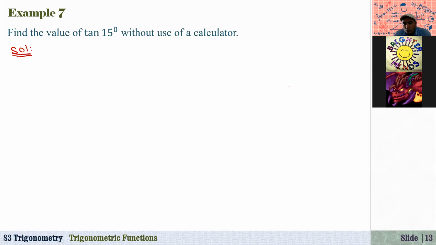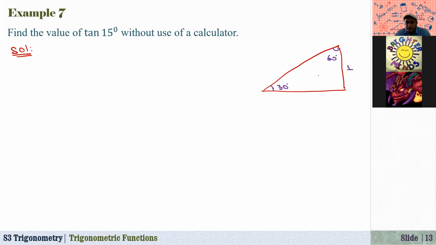Let me just draw one triangle in such a way that, okay. Suppose that this angle is 30. At the time, this angle will be 60. Okay. And suppose that this side is 1.